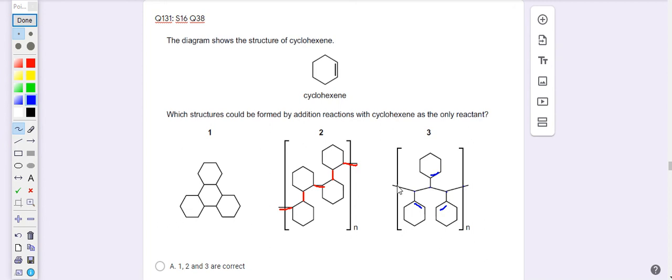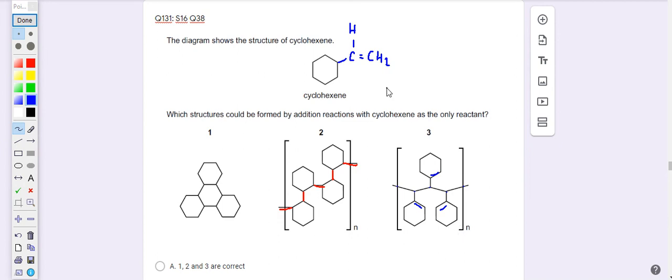Unless the double bond is not in between this, unless you have the double bond outside of the ring and something like that, then it is more possible for this compound to form a polymer that is like this.